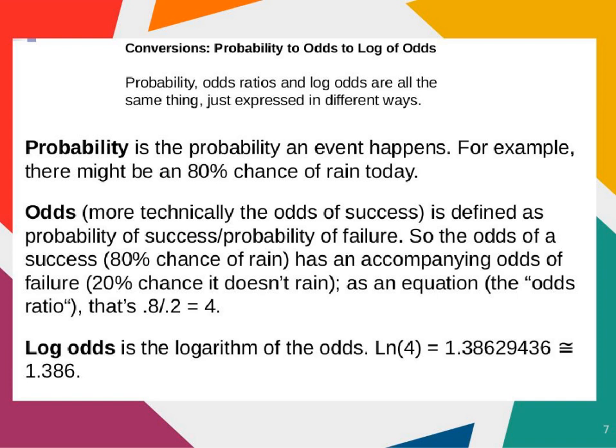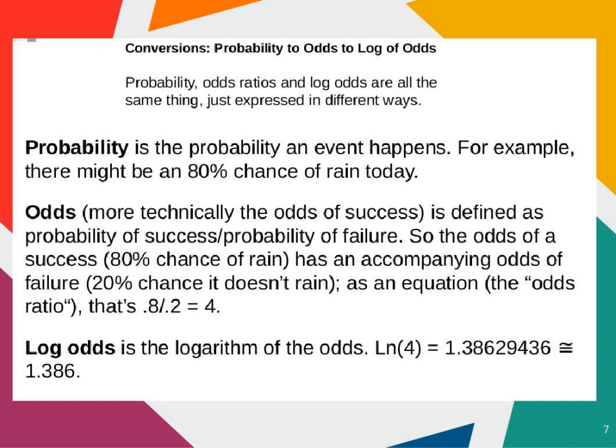The term probability means the probability that an event happens. For example, there might be an 80% chance of rain today. The same probability can be expressed with another term called odds, technically the odds of success.